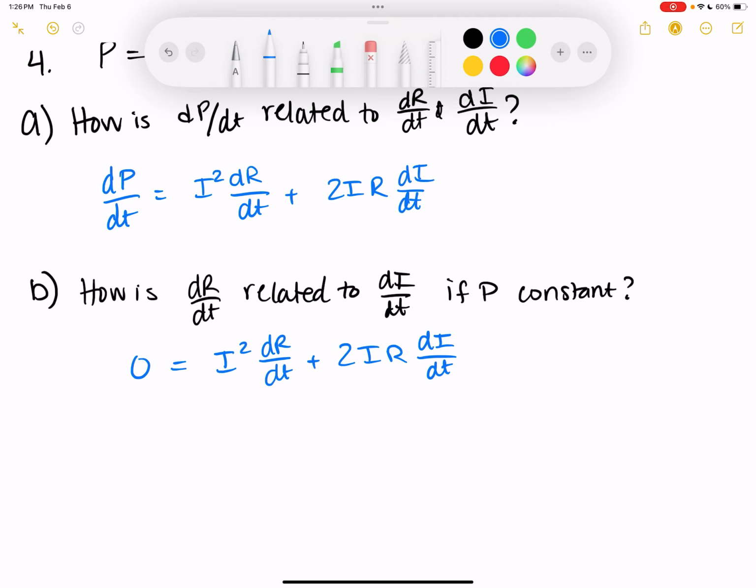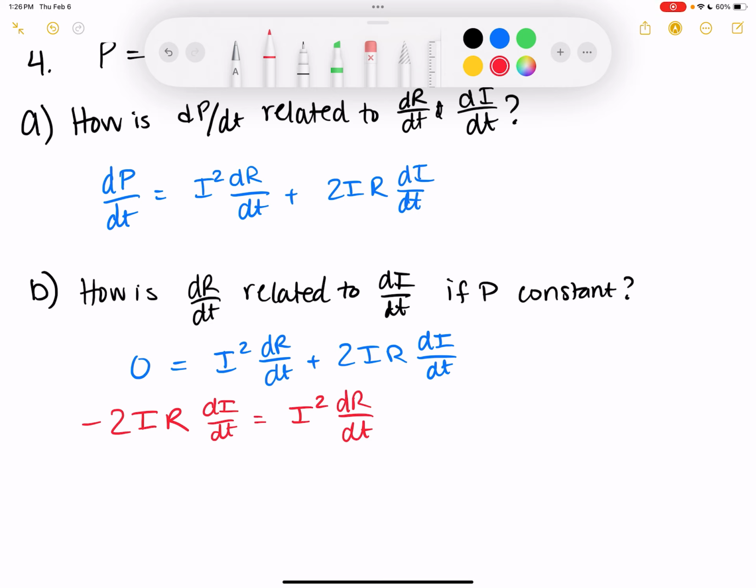So I want to get dr dt by itself. Any ideas? Subtract the 2IR stuff. You can move it over, you can subtract either way. So that's fine. We can do negative 2IR di dt equals I squared dr dt.